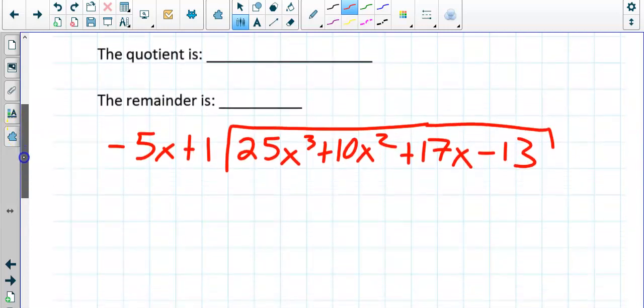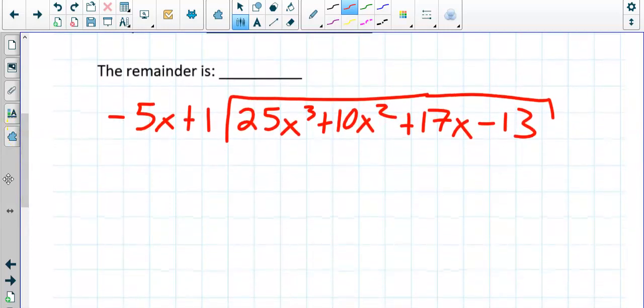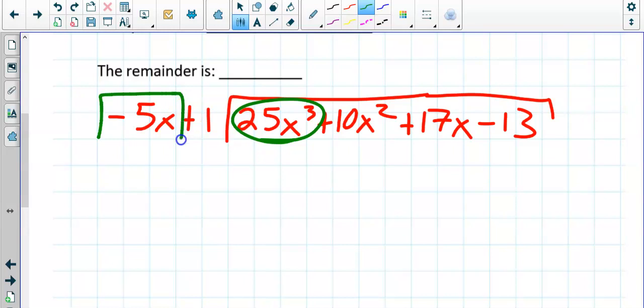All right. There are 3 steps to division. And when we're doing polynomial division, it's all about getting rid of your terms as you move along. So we want to get rid of 25x cubed. This is what we're going to base all that information on.